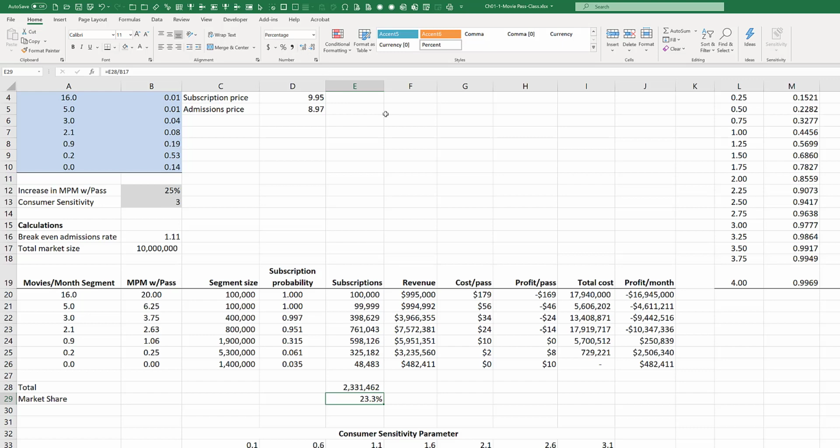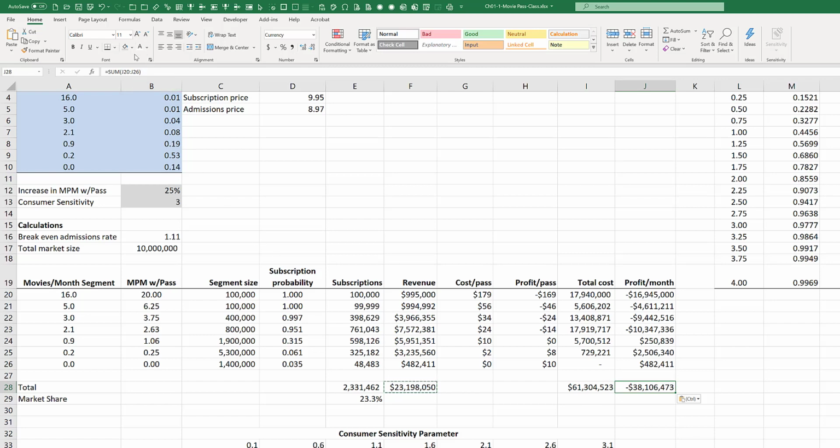So 23.3% is the market share. That sum we can copy over to the next column and make that into currency as well. We don't need decimal places. So 23 million and change is the total revenue. Copy that here and here. So we get the total cost and the total profit.